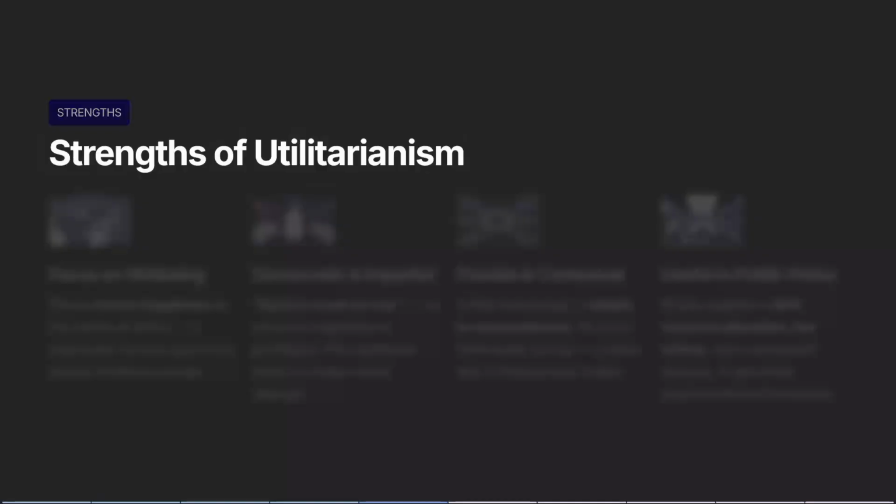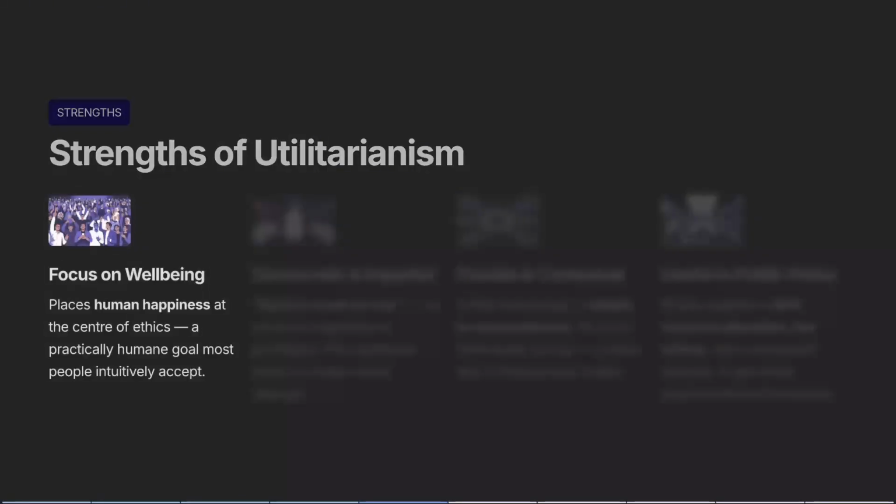Well, let's now take a look at the strengths of utilitarianism. We need to get into the weighing up, the evaluating of this topic. Let's consider why many philosophers find it attractive. One of the major strengths is that utilitarianism focuses directly on well-being. Rather than emphasizing rigid rules or traditions, it asks a very practical question.